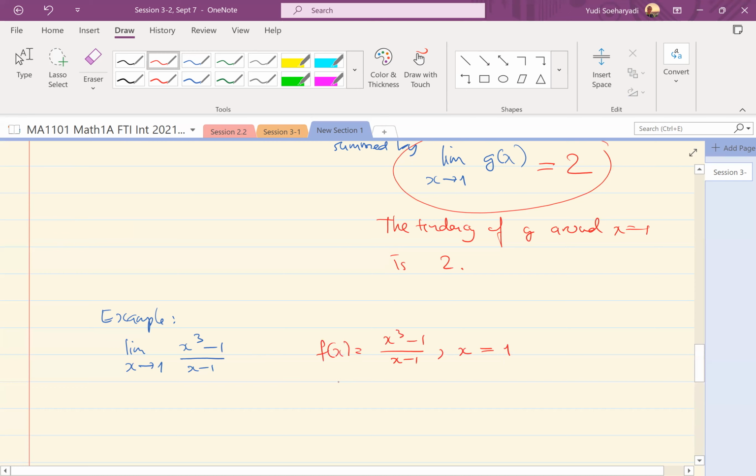So the question is how f behaves near x equals 1. Or you can say around, sorry, I should use around or near.